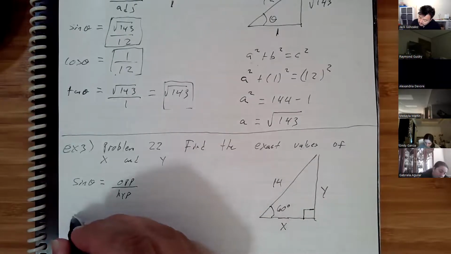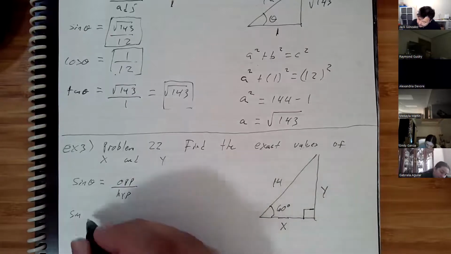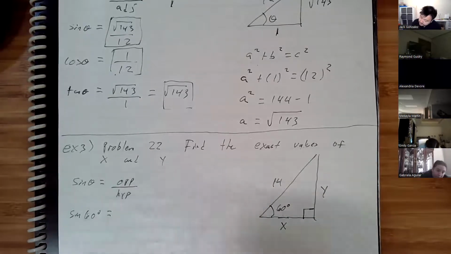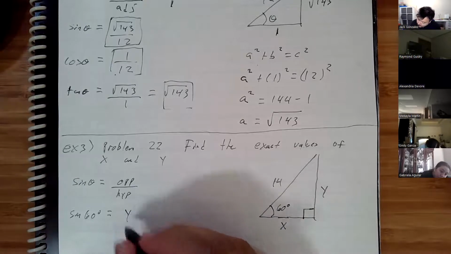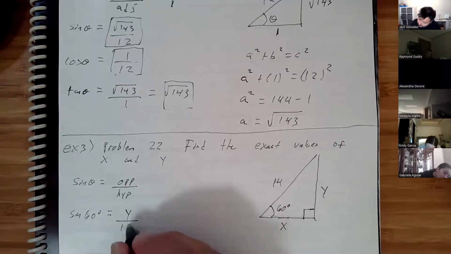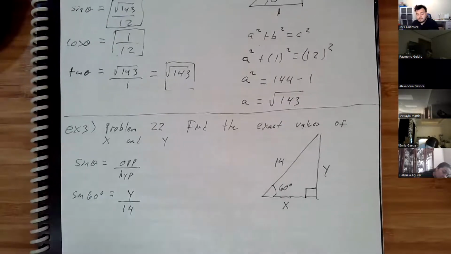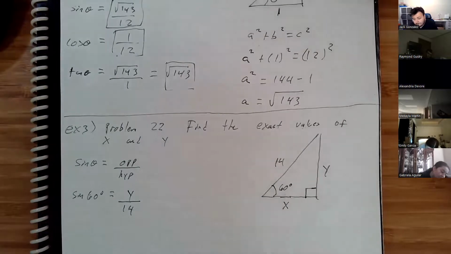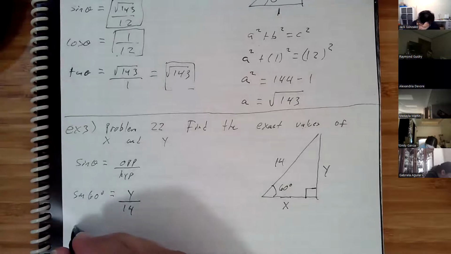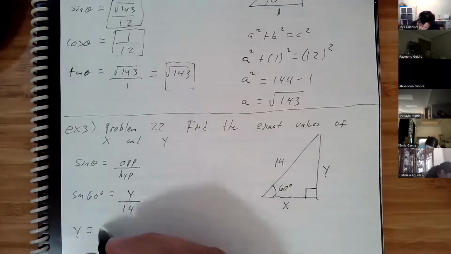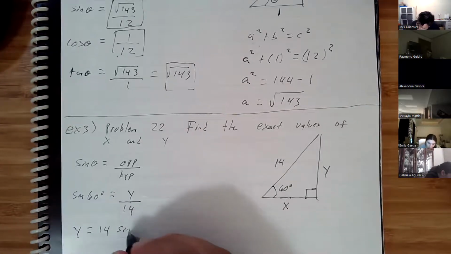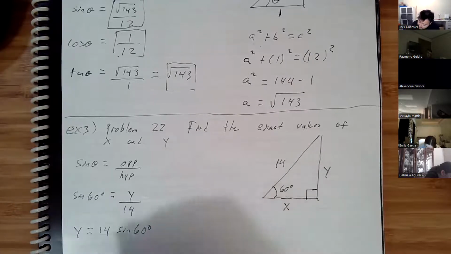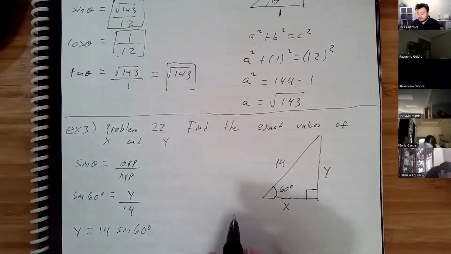So that means that sine of 60 degrees is equal to y over 14. So just solve for y. Multiply both sides by 14, and that'll get you to y equals 14 sine of 60. So that's when you have to use your calculator or your unit circle.